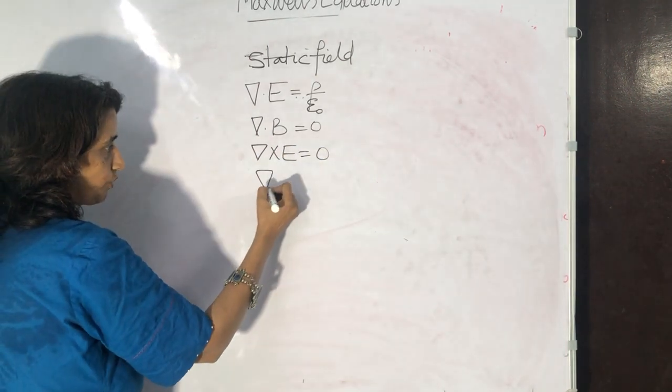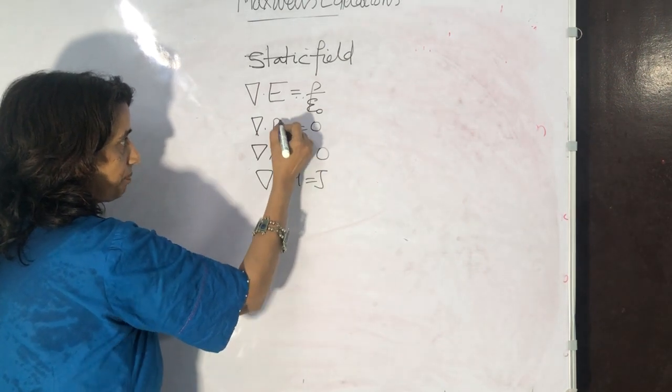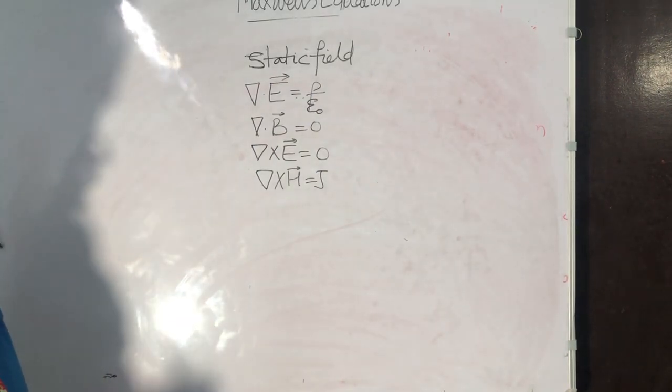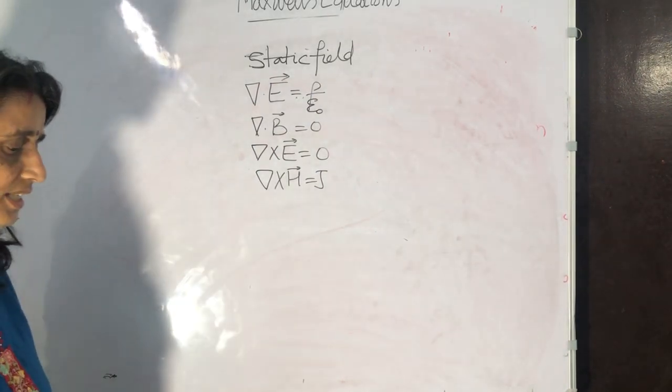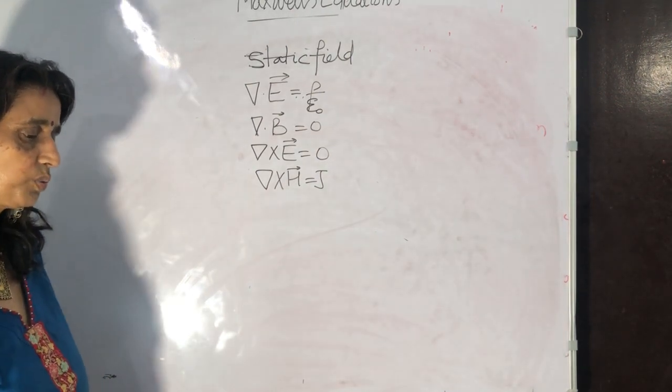The fourth equation will consist of simply the static terms, because the field here is static, meaning nothing is moving.